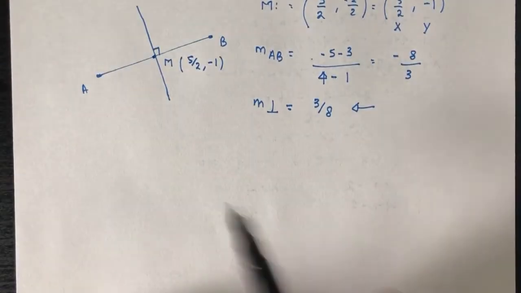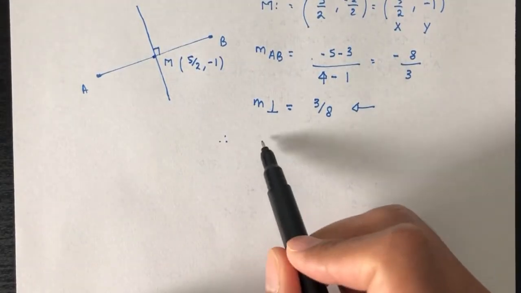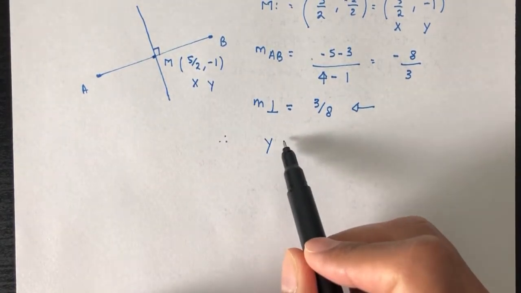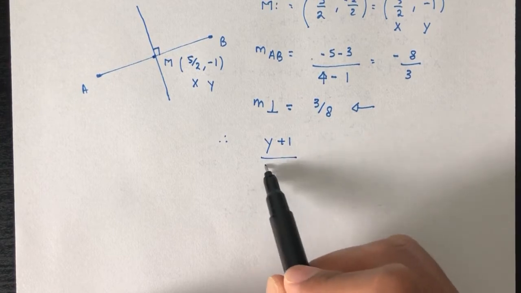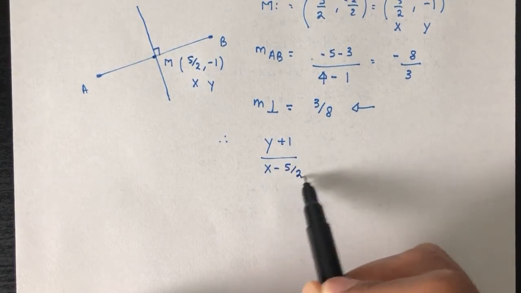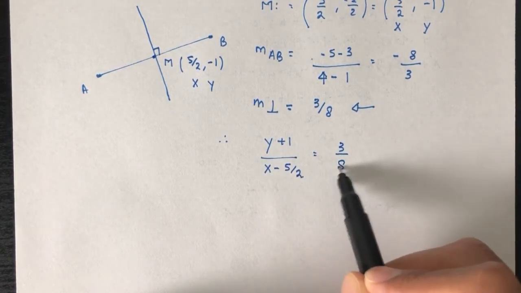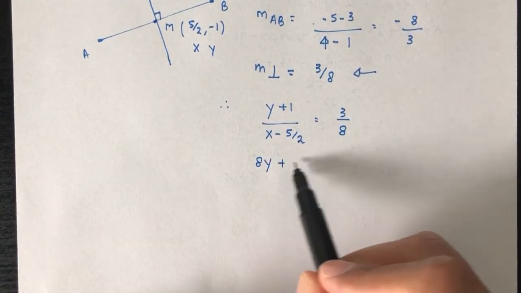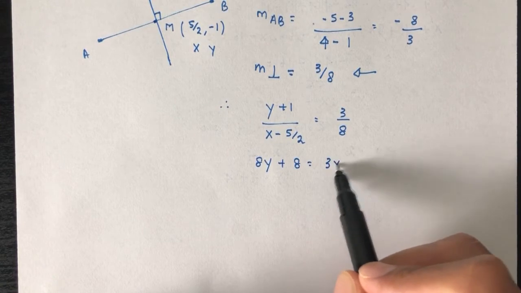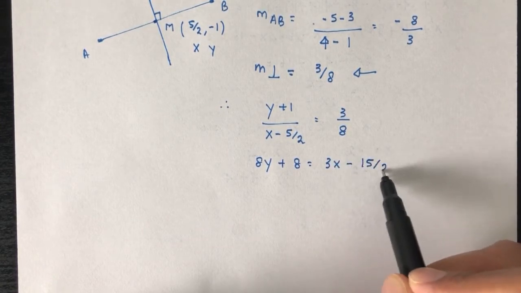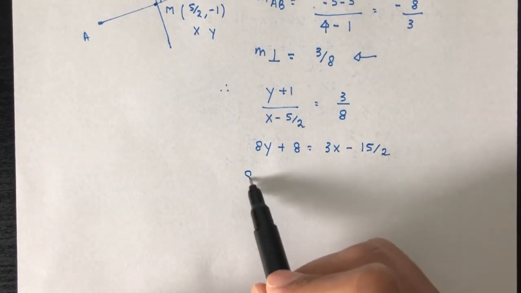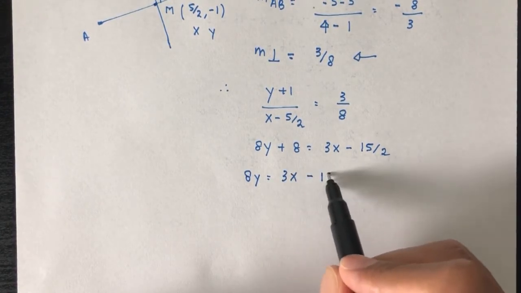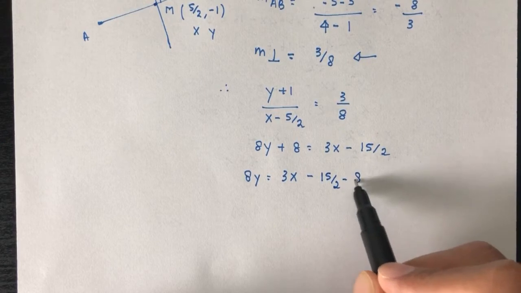So y minus minus 1, that is y plus 1, over x minus 5 over 2 equal to 3 over 8. Let's cross multiply. You have 8y plus 8 equal to 3x minus 15 over 2. Simplify, you have 8y equal to 3x minus 15 over 2 minus 8.